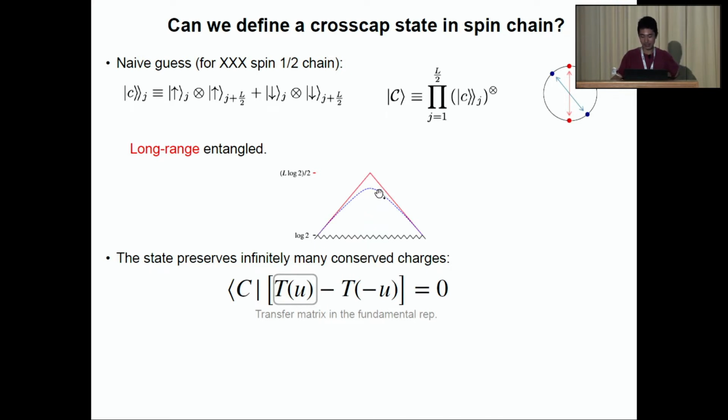And this blue line is the typical entanglement scaling for a high energy, highly excited state. Furthermore, you can show that this particular state, in the case of the XXX spin chain, is annihilated by infinitely many conserved charges, which are generated by the transfer matrix T of u minus T of minus u. This basically guarantees the integrability of this crosscap state.